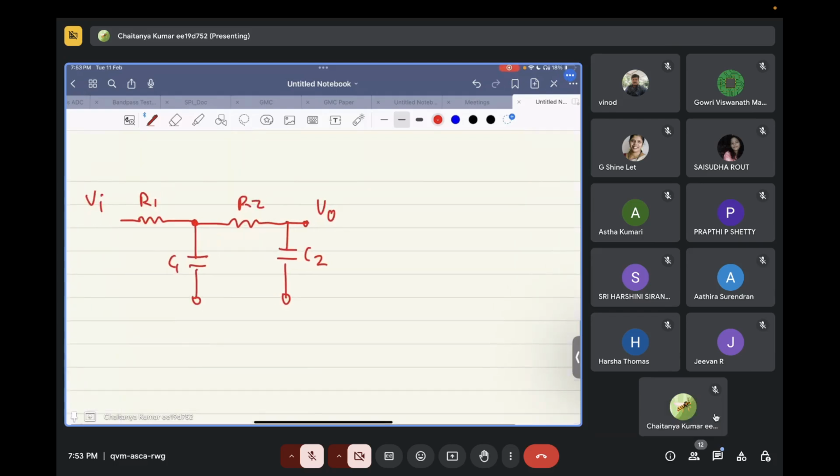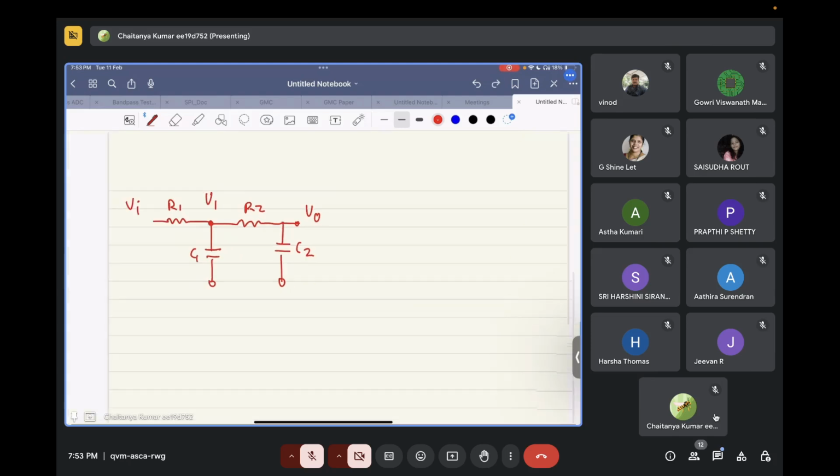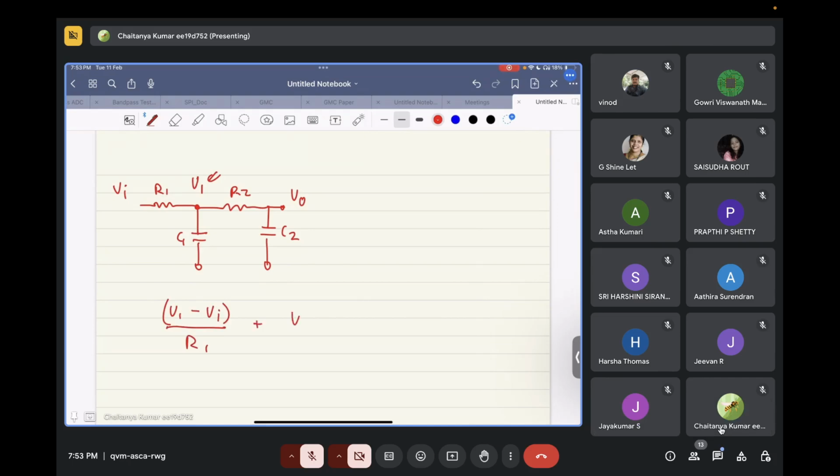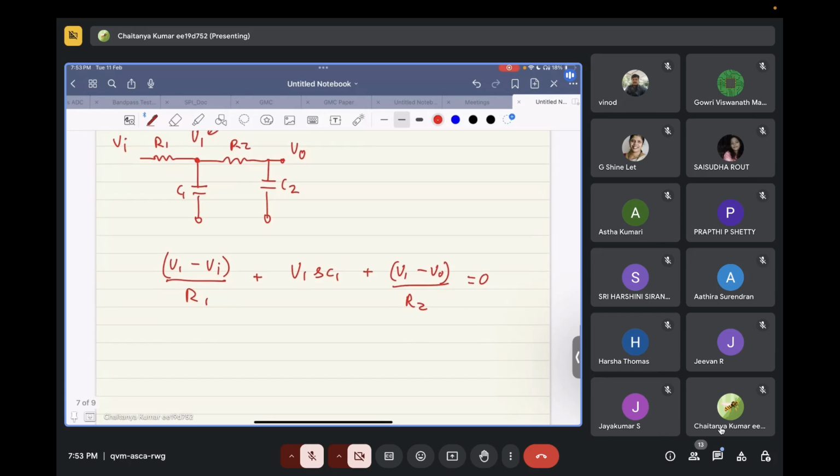So this node, let's call it V1. You can apply KCL at this node. So what you will have is (V1 minus Vi) by R1 plus V1 times sC1 plus (V1 minus V0) by R2 is equal to 0. So let's arrange the terms.